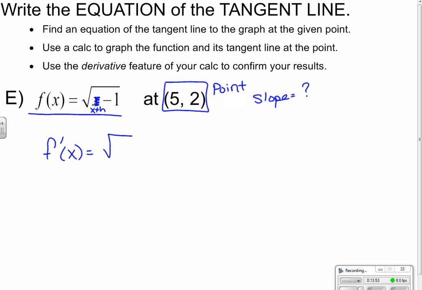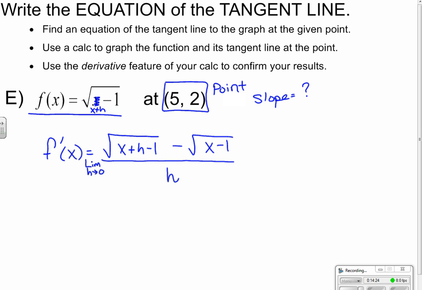So I have the square root of x plus h minus 1, and then subtract from that the square root of x minus 1 all over h. And I need the limit as h goes to 0 for this whole process, and we should be good.